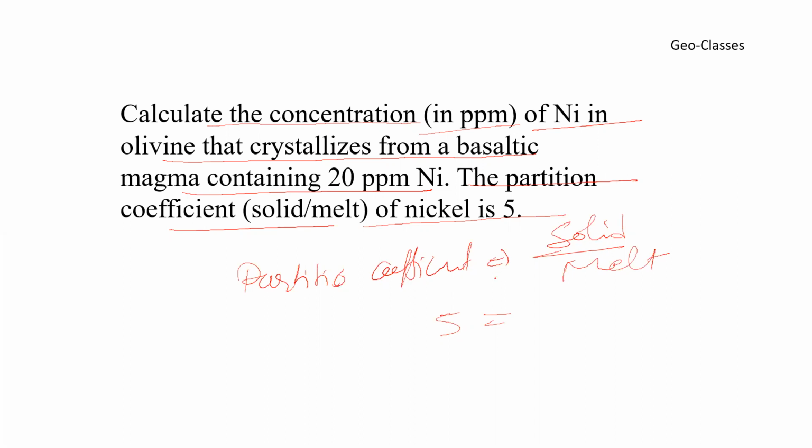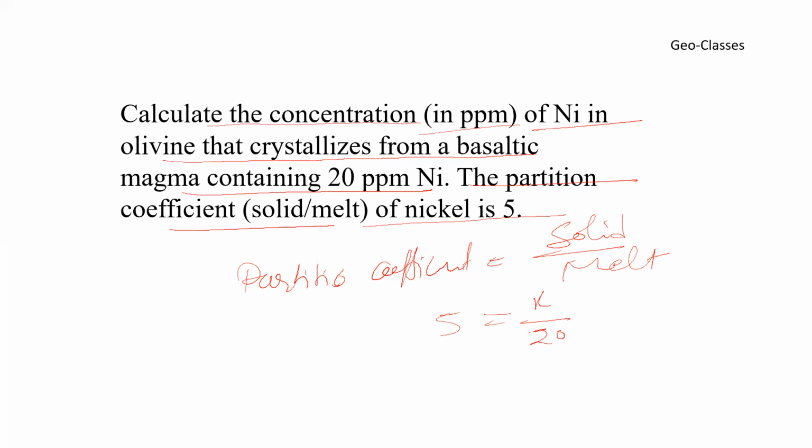So we have to calculate in solid, that is x, and in melt how much? Originally it was 20. In solid we have to calculate how much is there, and in melt it is 20 ppm. The basaltic magma contains 20 ppm nickel, parts per million.